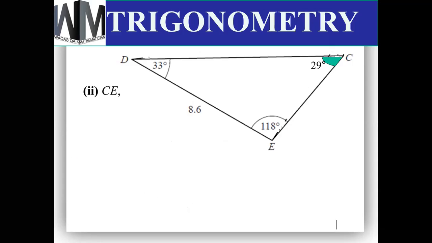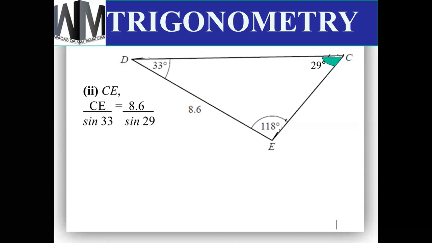In part 2, we have to find the length of side CE. In this triangle, the angle opposite to side CE is 33 degrees, and the angle opposite to side DE is 29 degrees. Now we are going to use the sine rule to calculate the length of side CE.